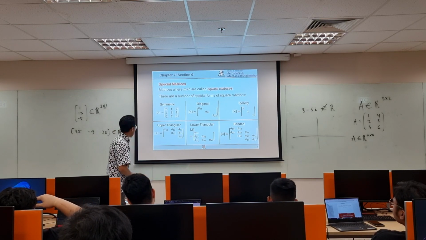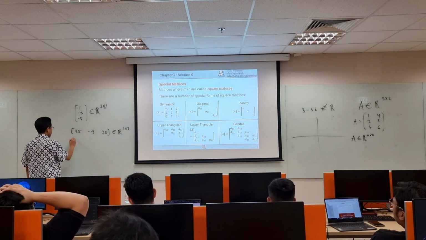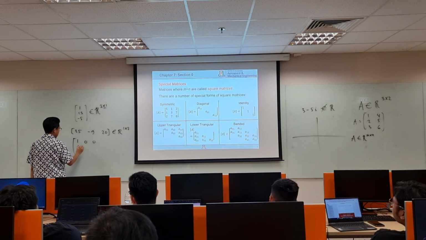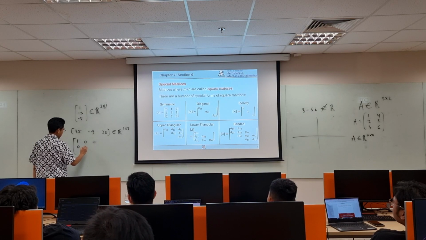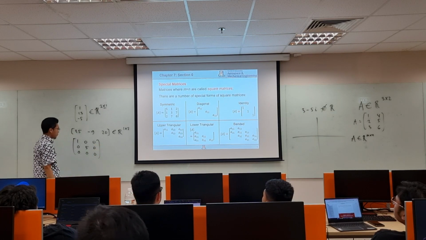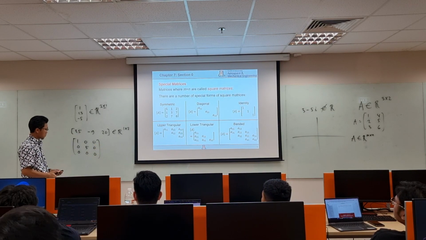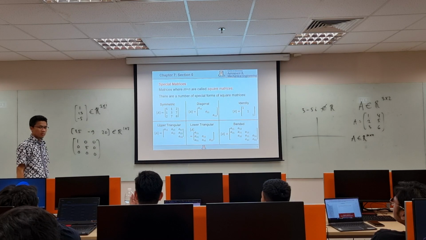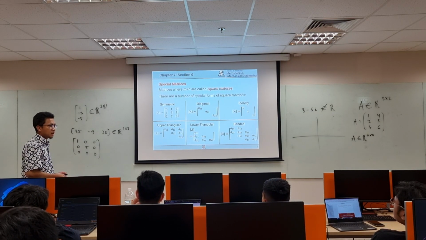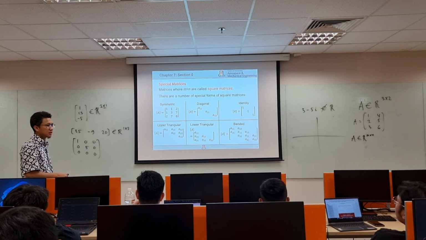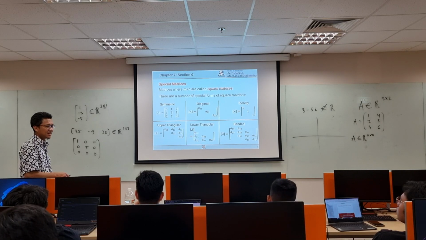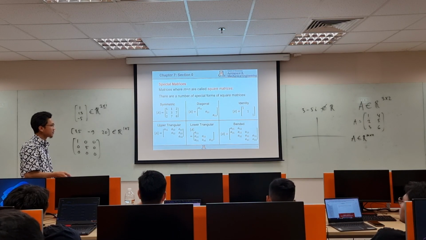What about this matrix? Let's say you have 1, 0, 0, 0, and this is 5. What about this? Is this a diagonal matrix? It's the upper and lower, right?